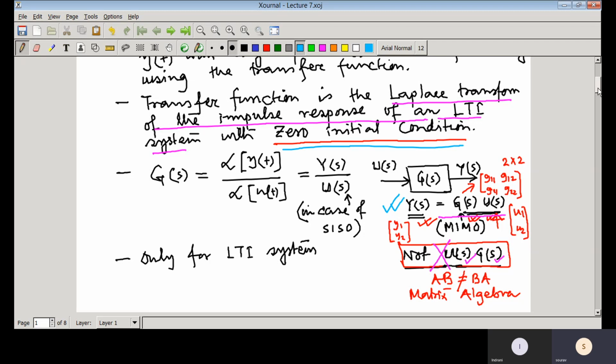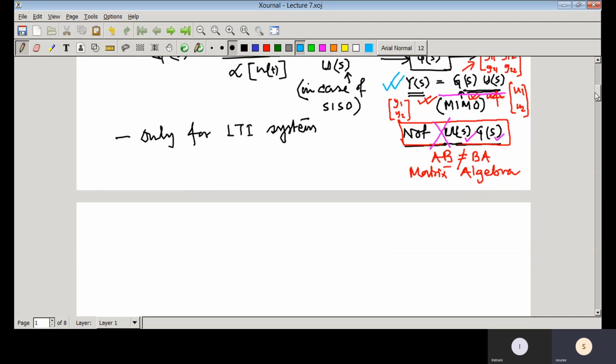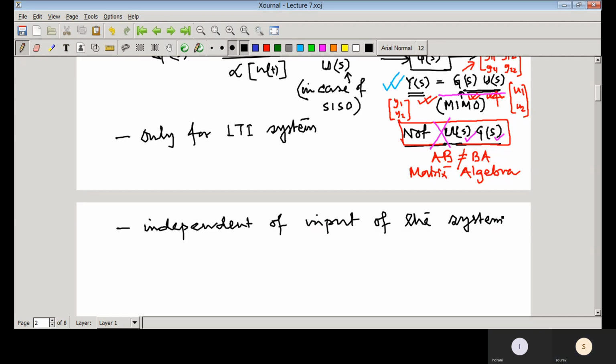And another important thing is that it is independent of the input of the system. What does it mean?